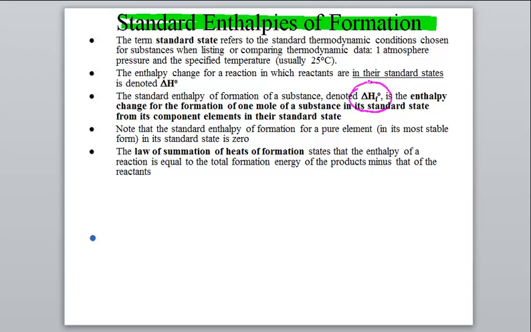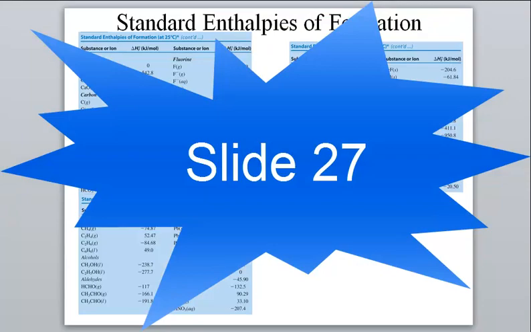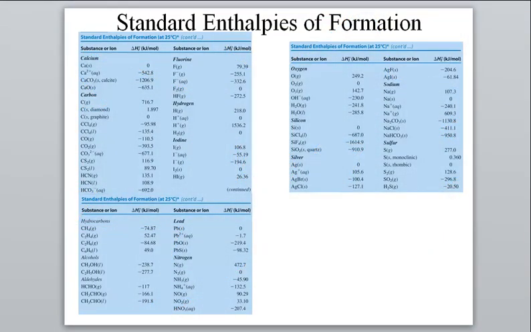In your information packet are quite a few enthalpies of formation for a lot of different chemicals. Shown on the next slide is an example of what you would see in your information packet. But if you had some sort of chemical like calcium, the ion, its enthalpy of formation, that energy change, is negative.